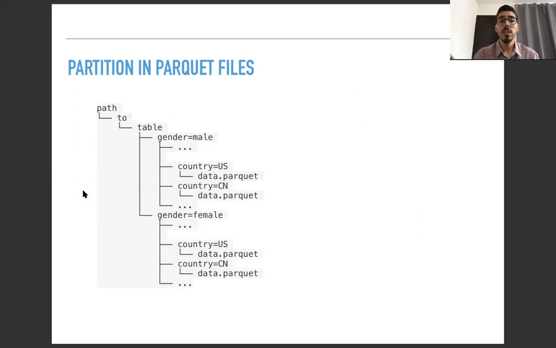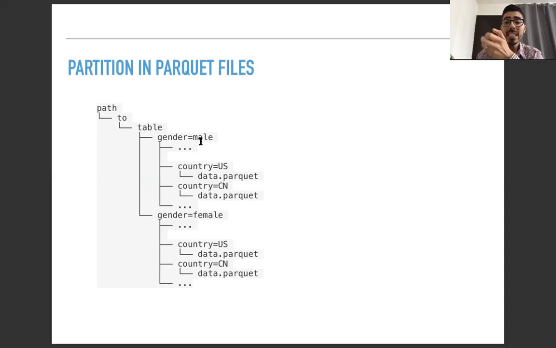So for example, let's say here we have our table, and we want to partition by gender and country. Imagine that we have a subfolder of gender equals male. Inside this folder, I will have all my data that matches gender equals male, right? So I wouldn't find any rows where gender equals female.